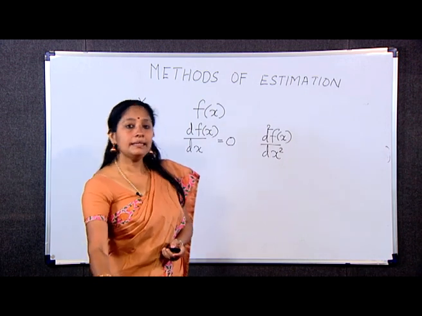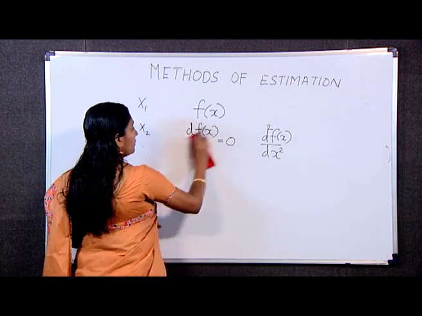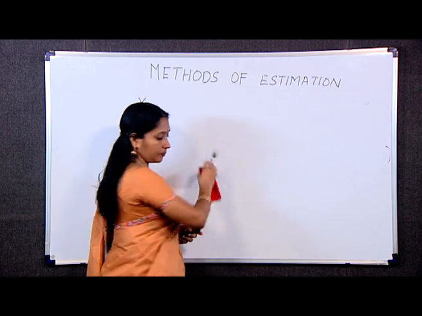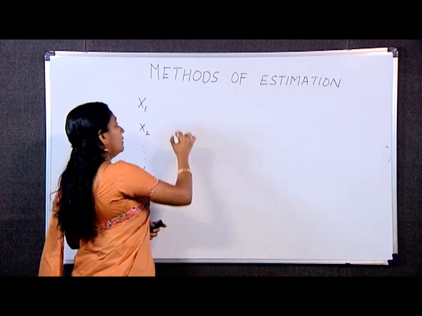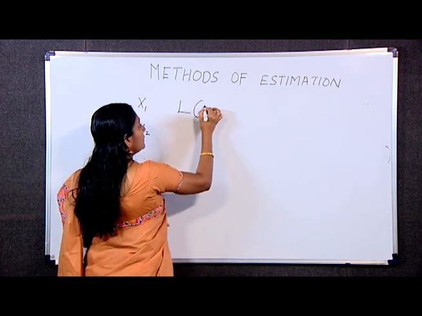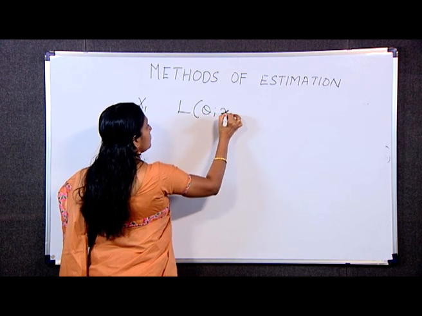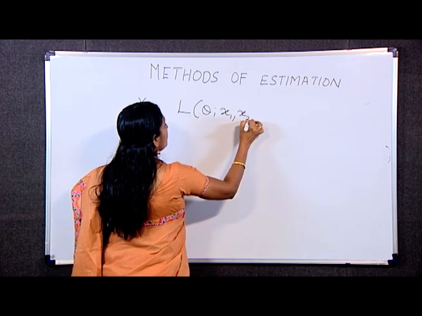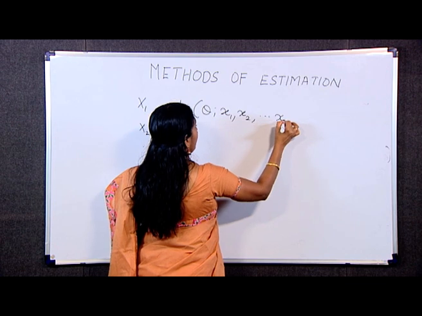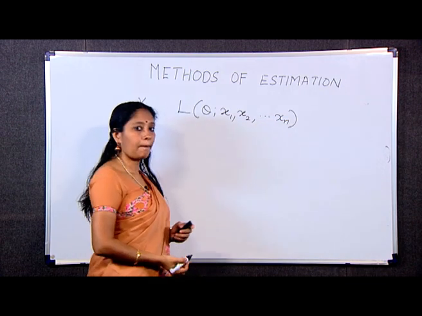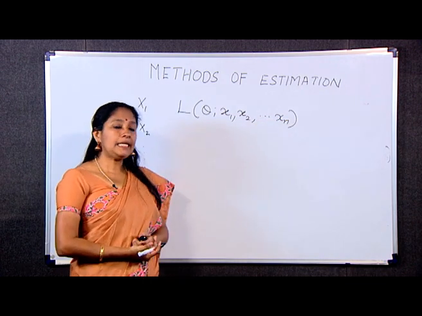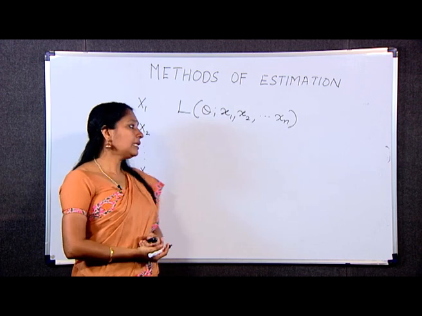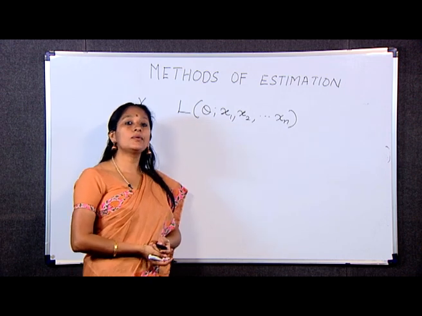So, in the case of the likelihood function, we have L(theta; x1, x2, ..., xn). In the method of maximum likelihood, we have to maximize this likelihood function.